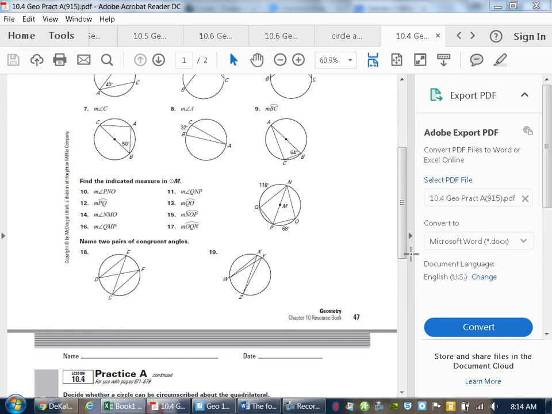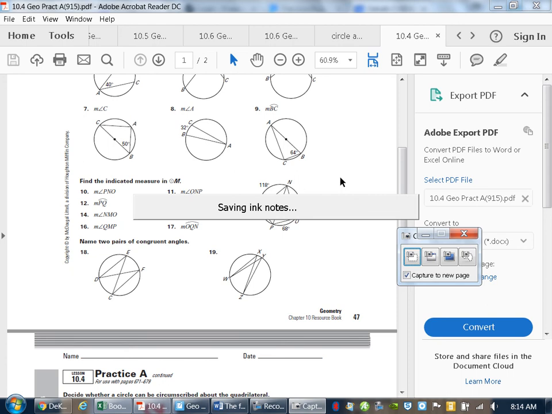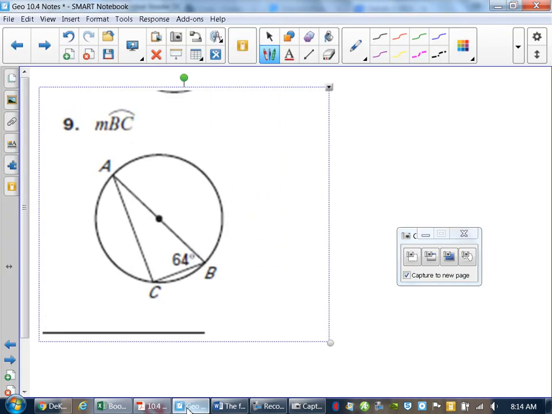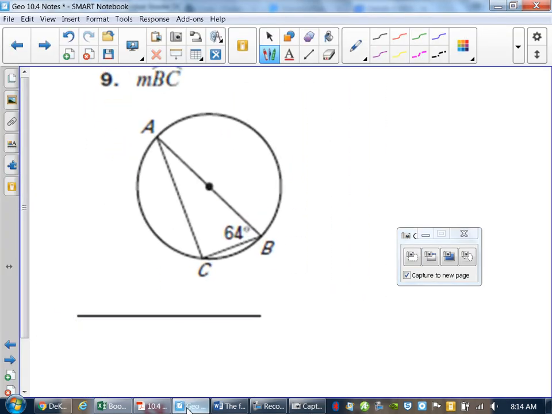The one directly above it, number 9. You have multiple steps to get to it. It is asking you to find the measure of the arc BC. The measure of the arc BC is down here. Well, in order to figure that out, you have to first figure out what angle. I have to find A to get to this arc, but in order to get to A, you have to find C, and what's C?